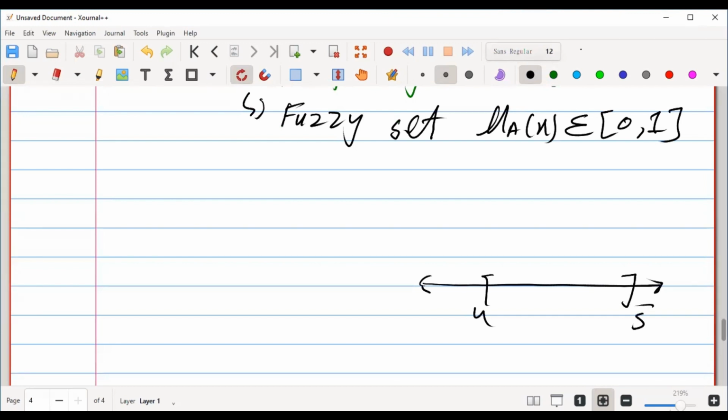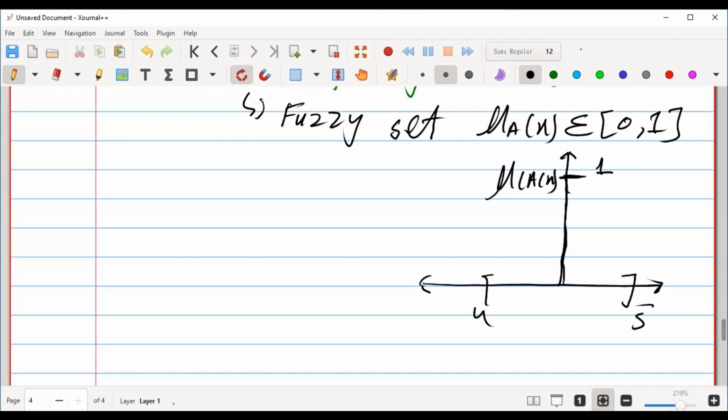We can express the fuzzy number along y-axis, which is mu a of x, and its highest membership value is 1. Any number between 4 and 5 in real interval 4 and 5, its membership function must lie between 0 and 1.